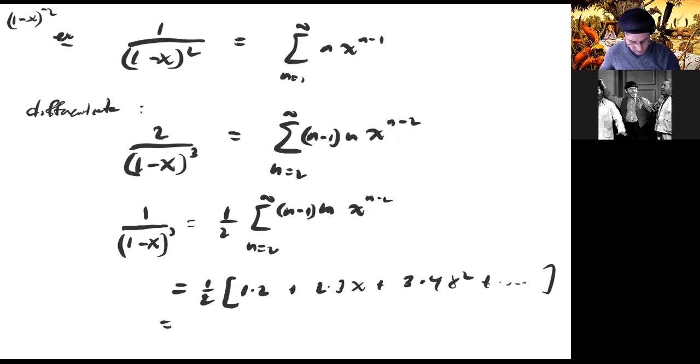And we can bring the 1/2 in. So it's 1 times 2 over 2, plus 2 times 3 over 2 times x, plus 3 times 4 over 2 times x squared, and so on.